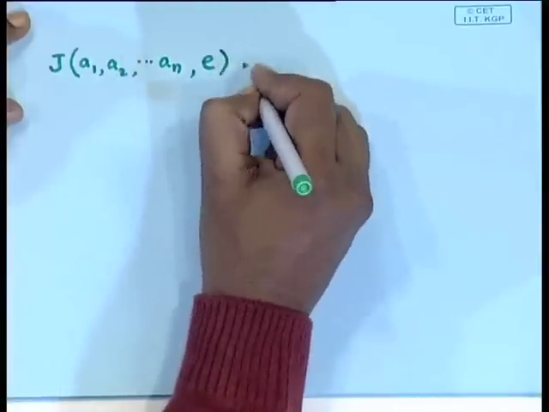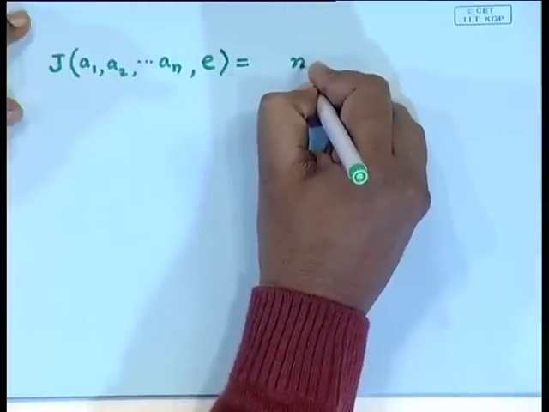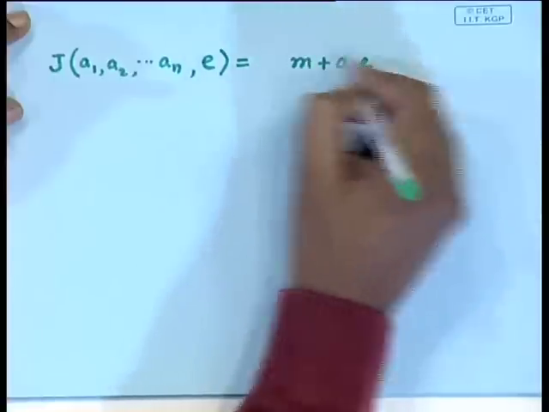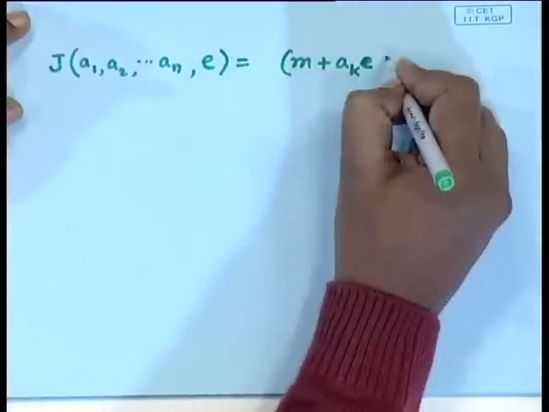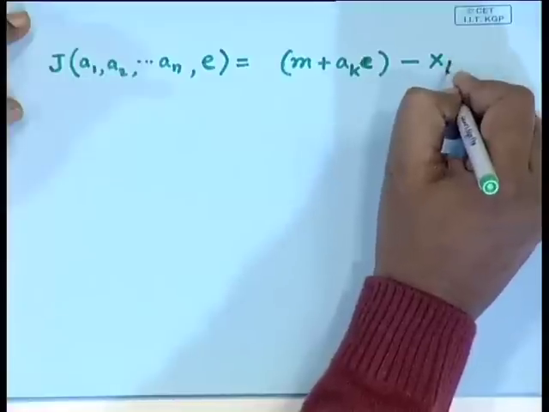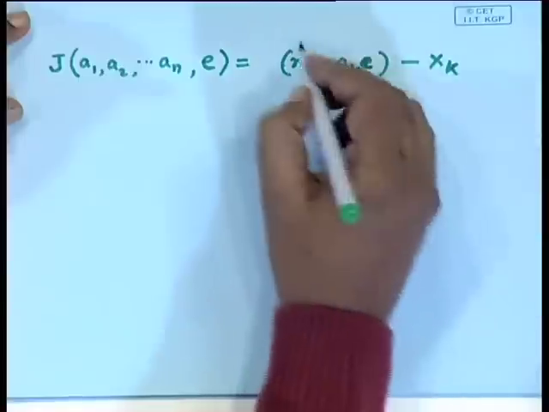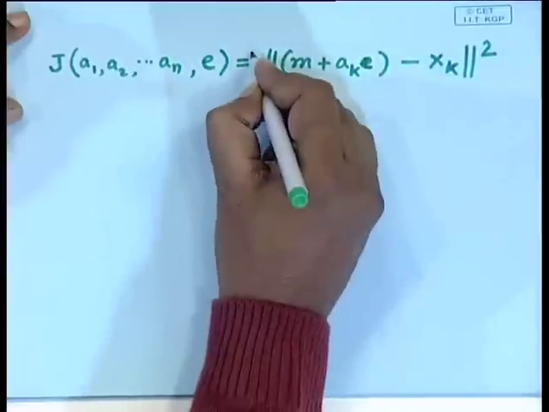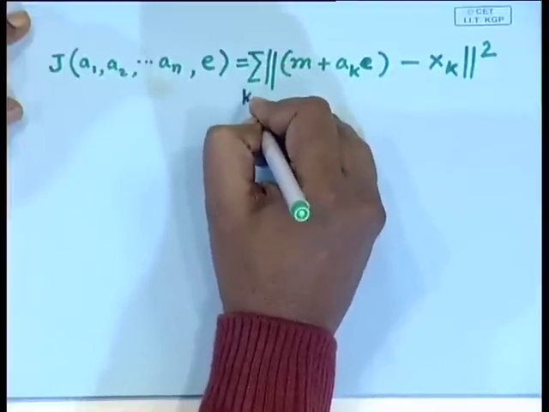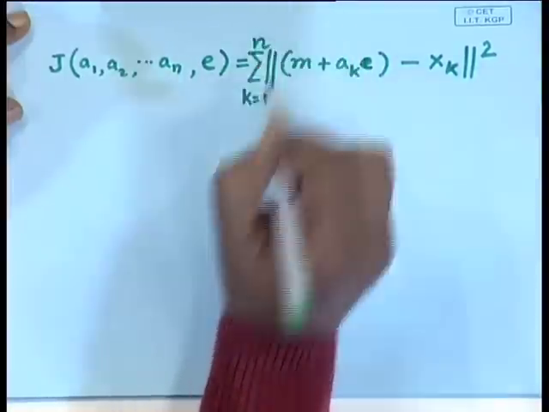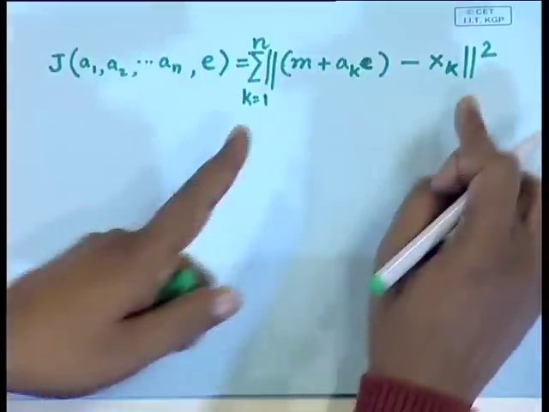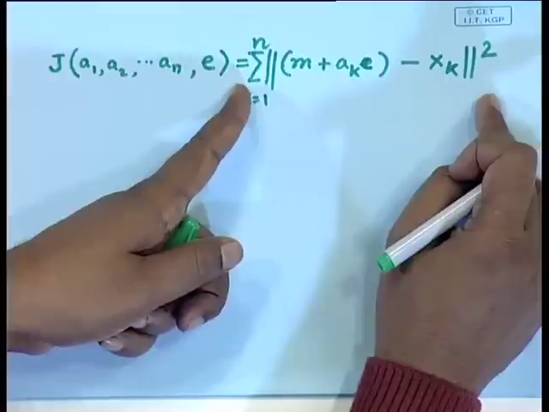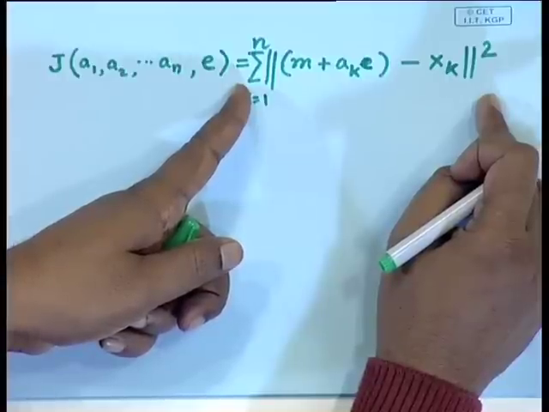And this is nothing but m plus a k e minus x k, take the mod square, take the summation over k varying from 1 to n. So this is a squared error within summation, this becomes the sum of squared error.